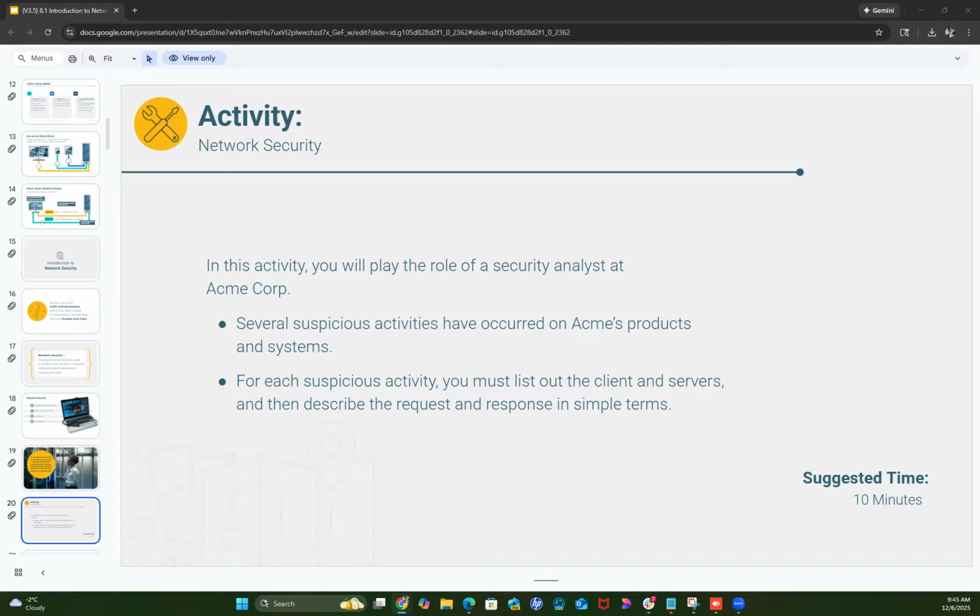So in section one, the client is the hacker's computer, the hacker's device, and the request made was a login request using the username and password. So the server is, I think, the email server. For Microsoft Outlook, they probably have an email server.